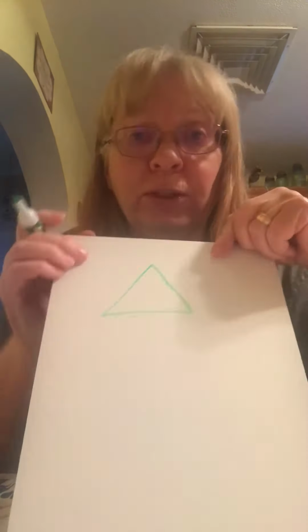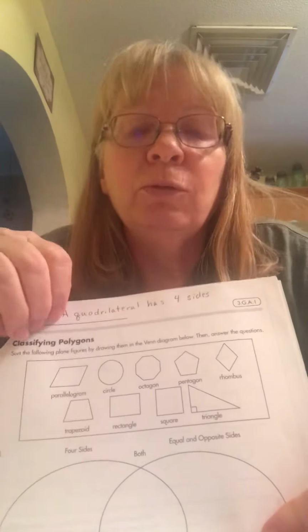Right? So when we look at this paper, okay, at the top they list different kinds of polygons. They have different kinds of shapes. They have a parallelogram. Remember we talked about the word parallel.